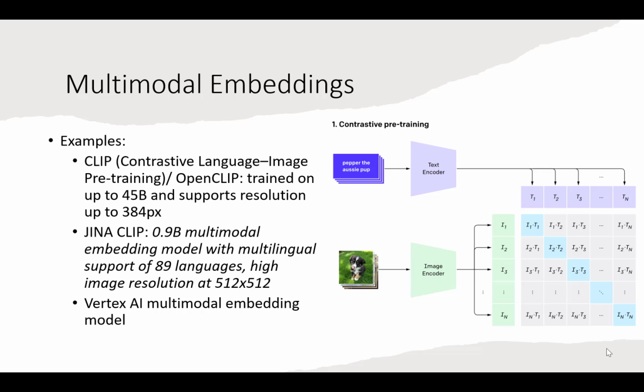There are also CLIP models created by OpenAI. They were trained on up to 45 billion image-text pairs, and they can support resolution up to 384 pixels. So that's another limitation.